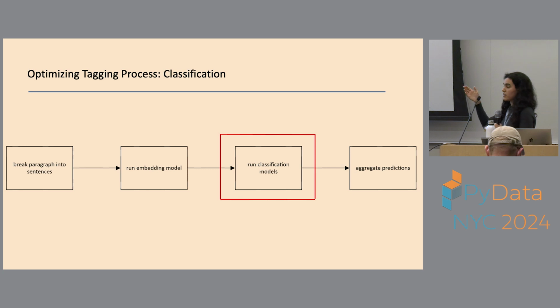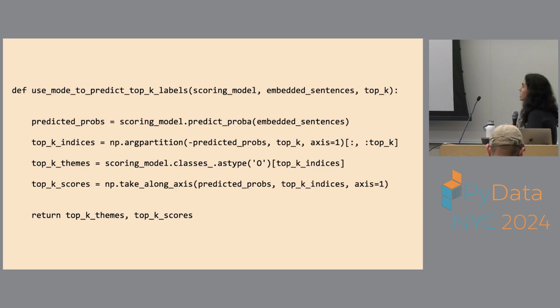However, given the fact that now our embedded sentences are in matrix form, we can take this vector operation to the prediction step as well. And in that way, predict all of the n sentences in one go and carry on with the vector operations in that. So this is a function that helps us do that.